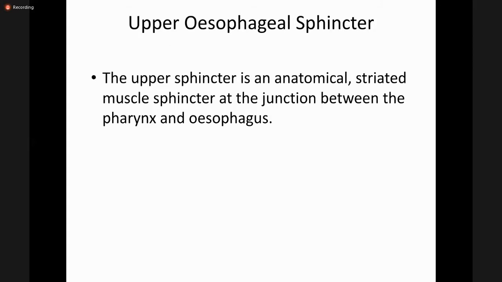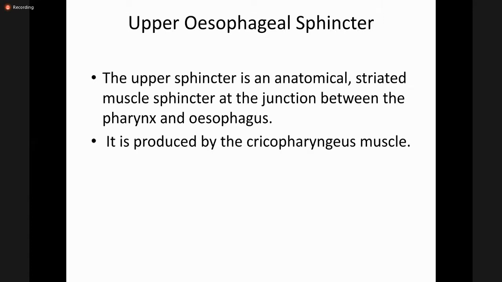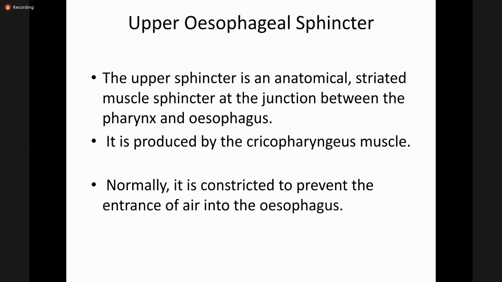The upper one is an anatomical sphincter, made of striated muscles, and it lies at the junction of pharynx and esophagus. It's produced by the cricopharyngeus muscle, and normally it is constricted to prevent the entrance of air into the esophagus.